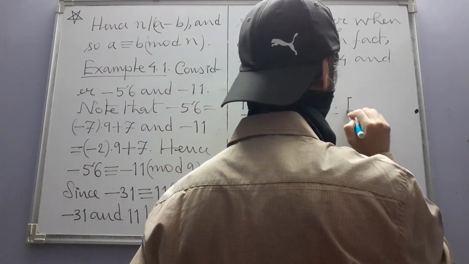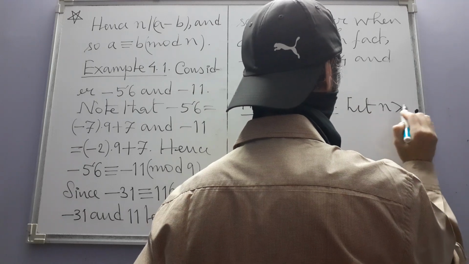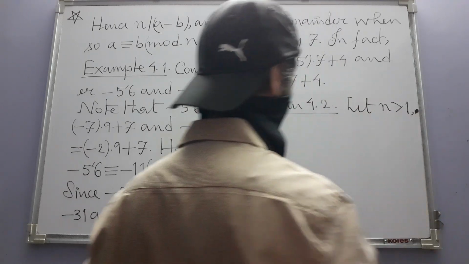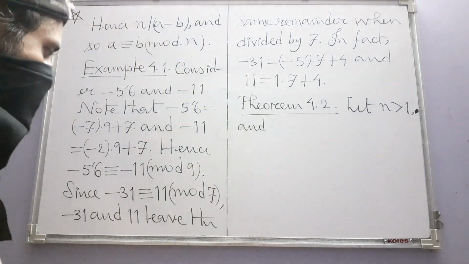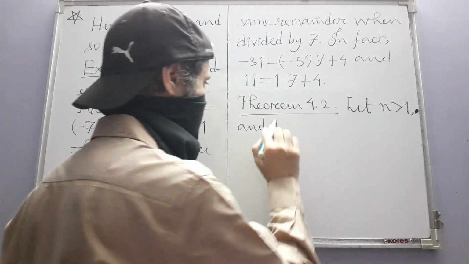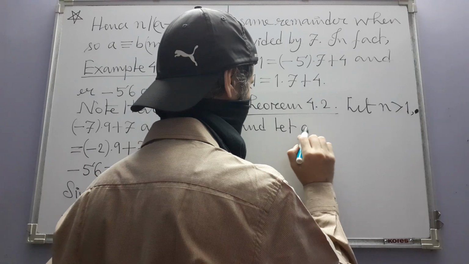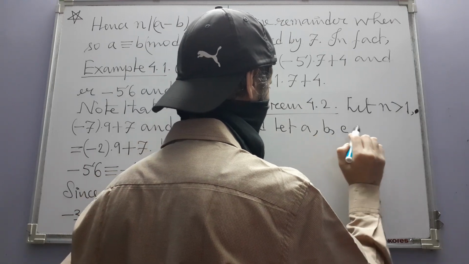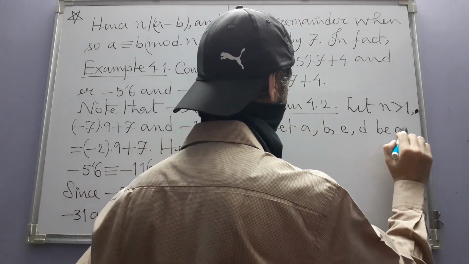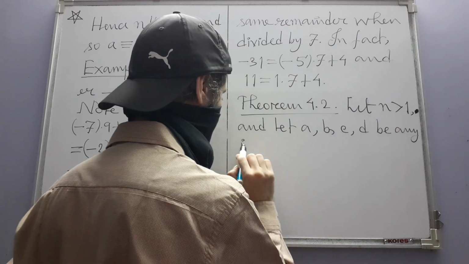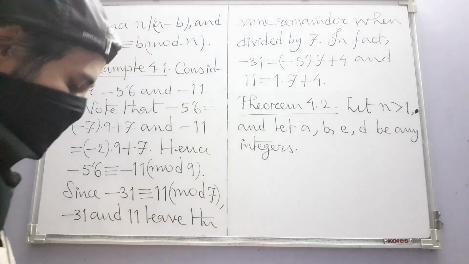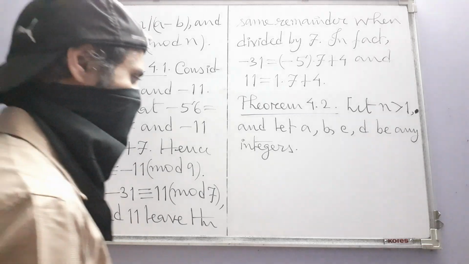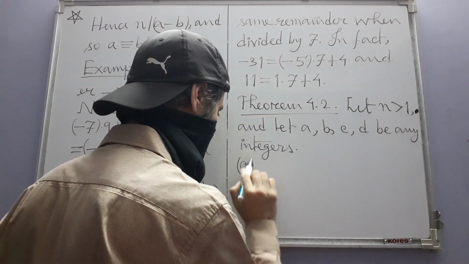Let n be greater than 1. That means n is a positive integer. And let a, b, c and d be any integers. There are some parts to this theorem.